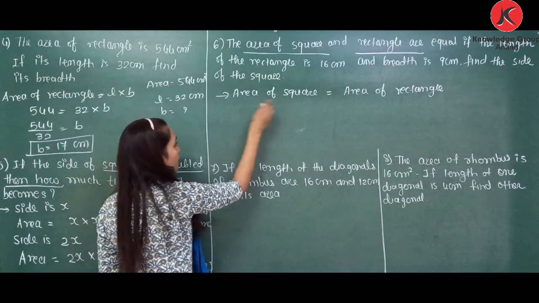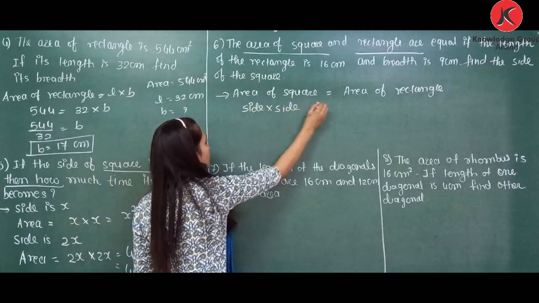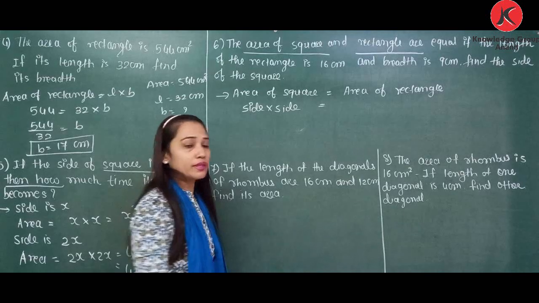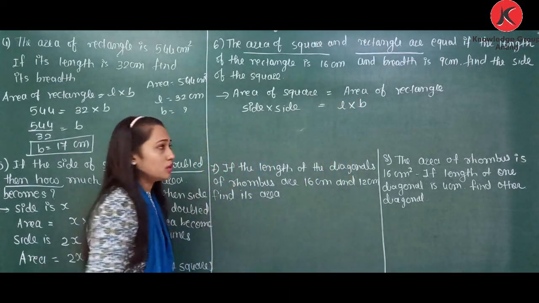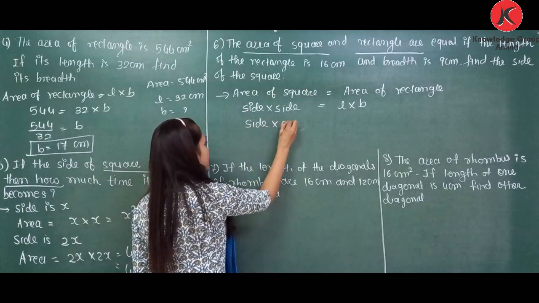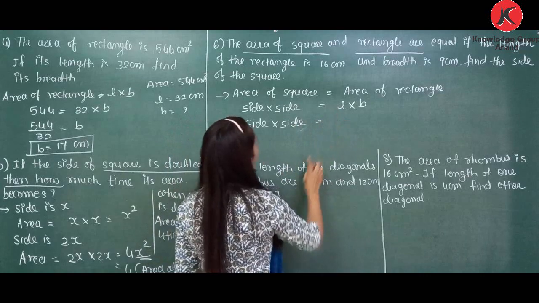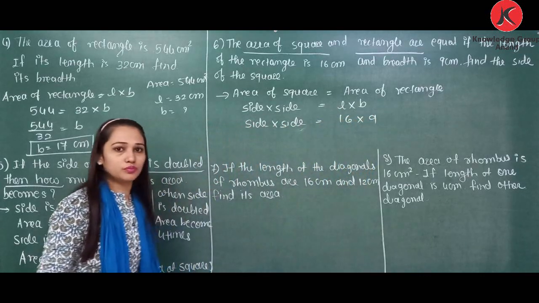Now what is the equation for area of a square? It is side multiply side. And what is the equation for the area of a rectangle? L multiply B. Side is not given, so we can write it as side multiply side. Length is given 16 centimeter, breadth is given 9 centimeter.